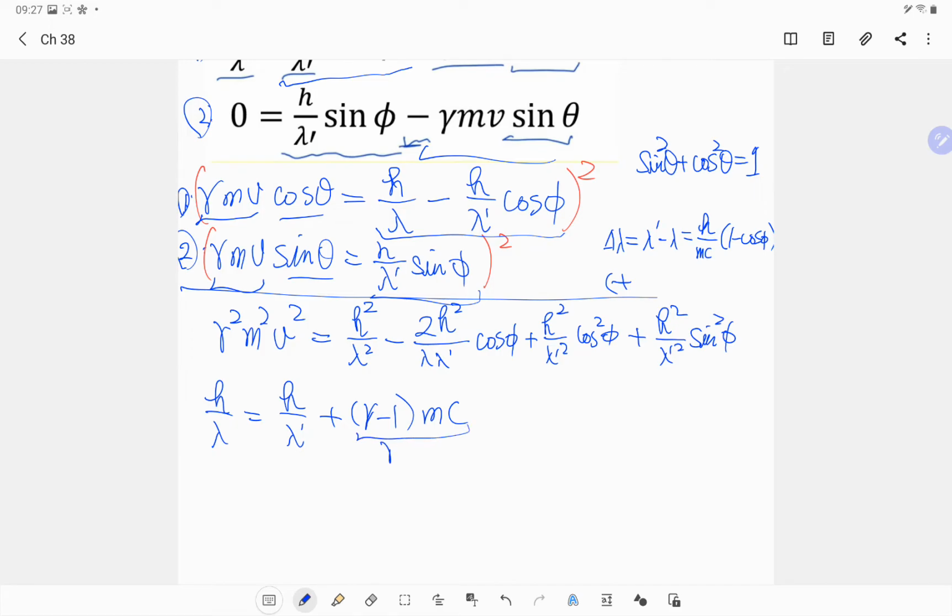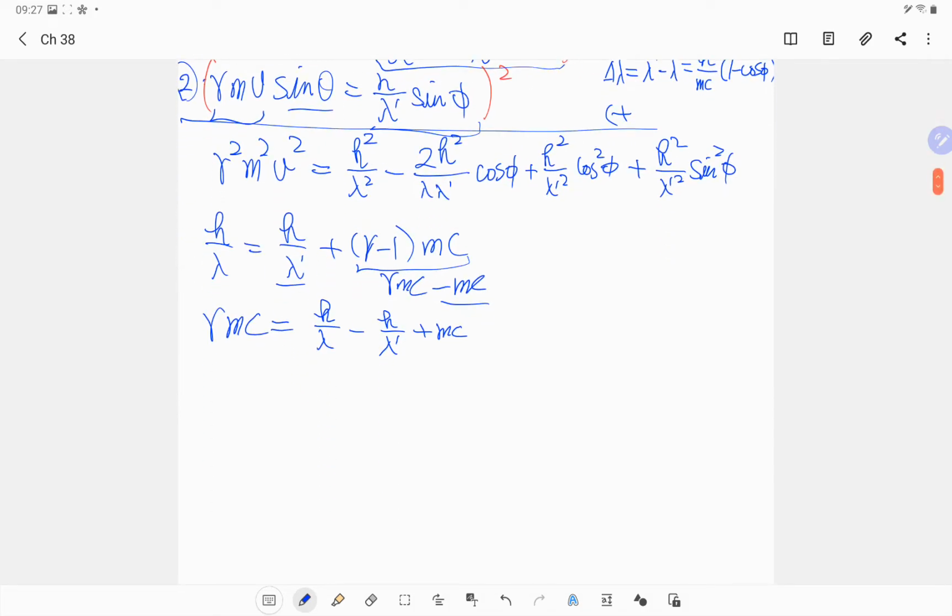So this is gamma mc minus mc. And then we can move these two to the left side, or just exchange. So we have gamma mc equals h over lambda minus h over lambda prime plus mc.